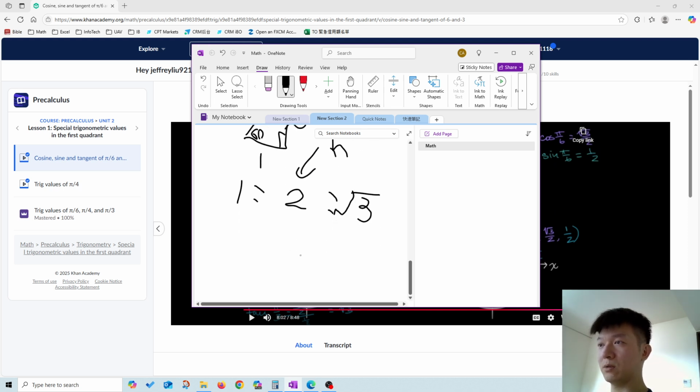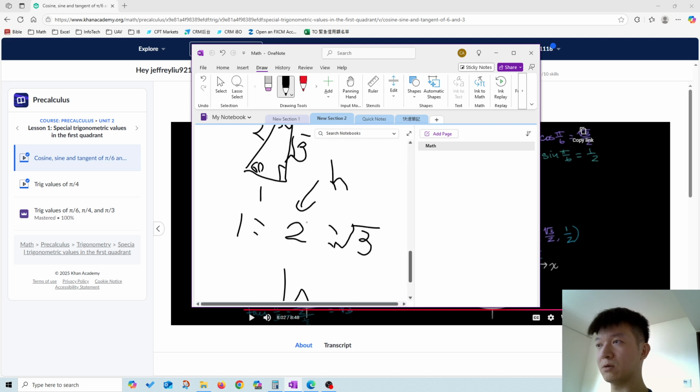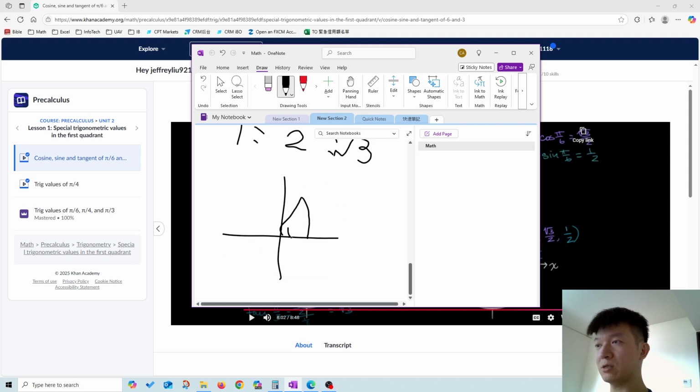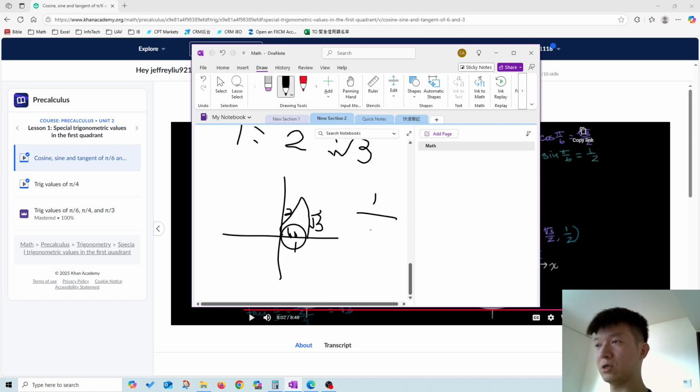So this right here becomes really easy, because once you get the 60, you know this is over 3, and you know this is 2, and you know this is 1, and I just want the cosine of this angle. So which is 1 over 2.